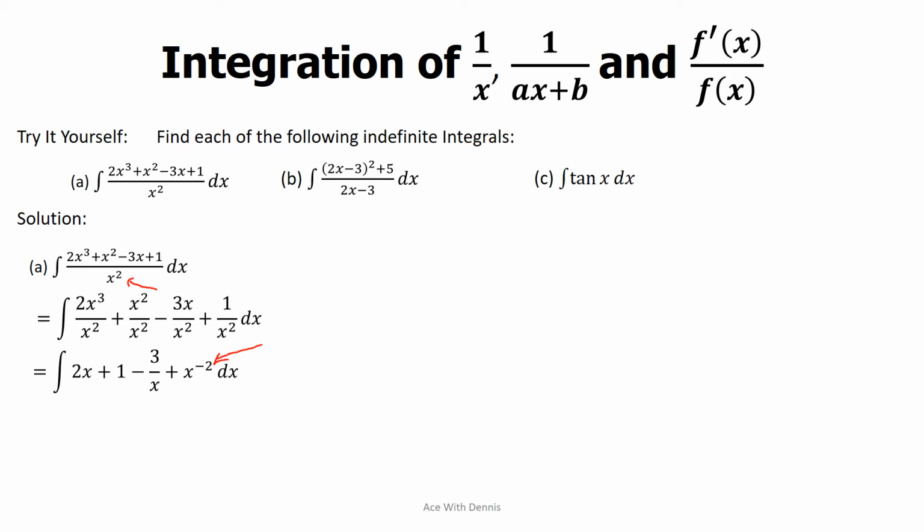Now, we can integrate one by one. So 2x becomes 2x squared over 2, 1 becomes x. Integration of negative 3 over x becomes negative 3 ln x. And integration of x to the power of negative 2: power plus 1, then we get negative 1 over power plus 1, then over negative 1, plus c. Then we can simplify and put it back into fraction form where necessary. So it becomes x squared plus x minus 3 ln x minus 1 over x plus c.